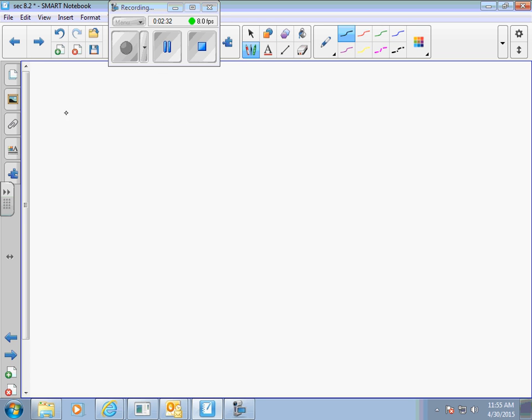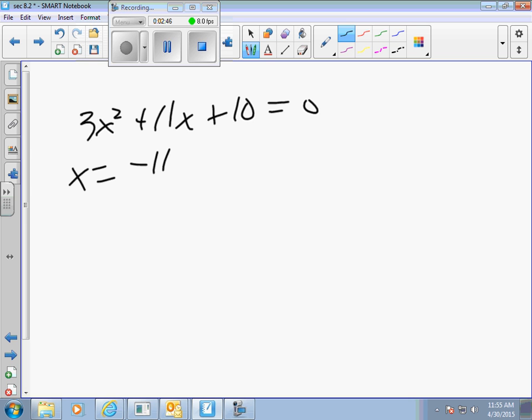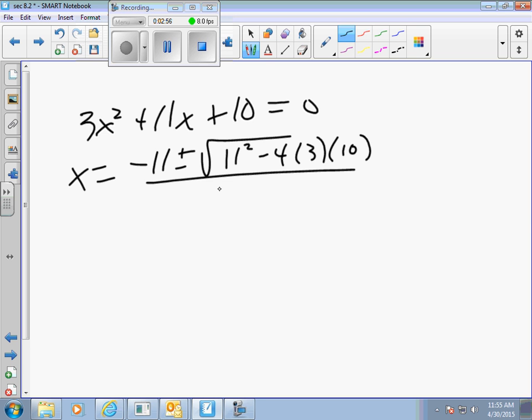Let's do something that looks like 3x squared plus 11x plus 10 equals 0. Plugging it into the quadratic formula, it would look like x equals negative 11 plus or minus the square root of negative 11 squared minus 4 times 3 times 10, all over 2 times 3.